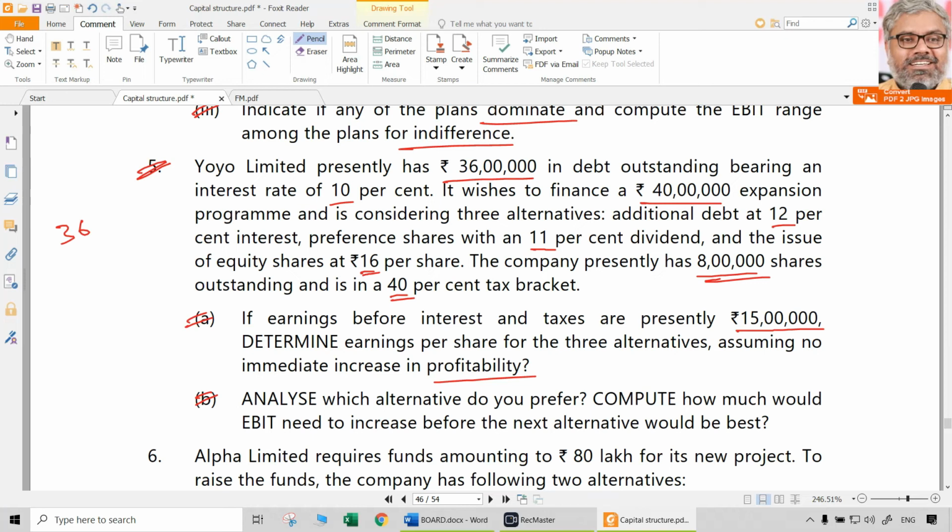Let us take market values, no problem. 8 lakhs into 16 rupees, let us say 128. 128 is the equity at market value of the capital structure. So 128 plus 36 lakhs rupees debt means total capital as of now is 164.